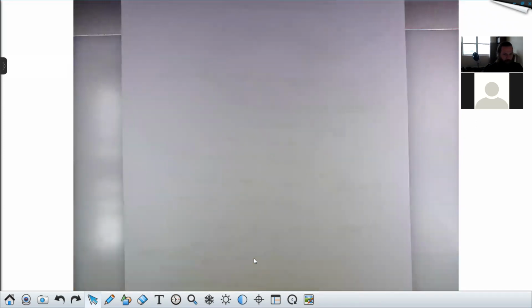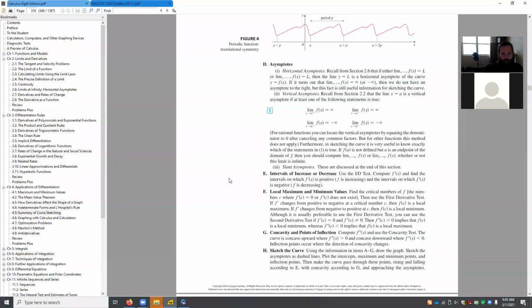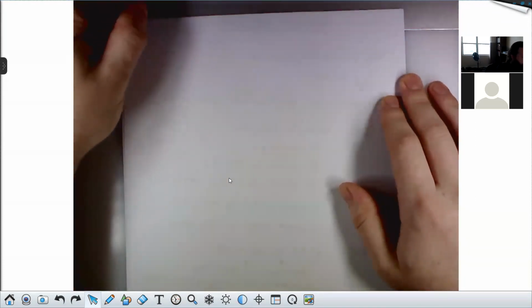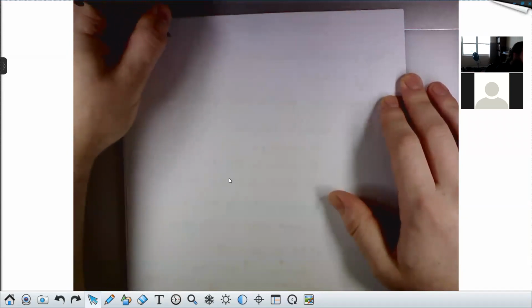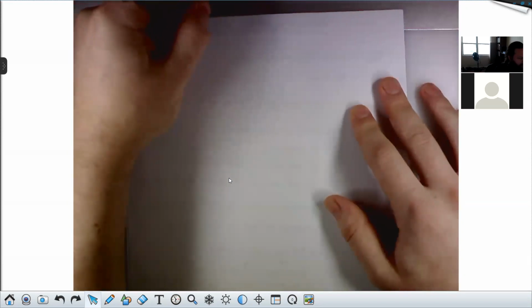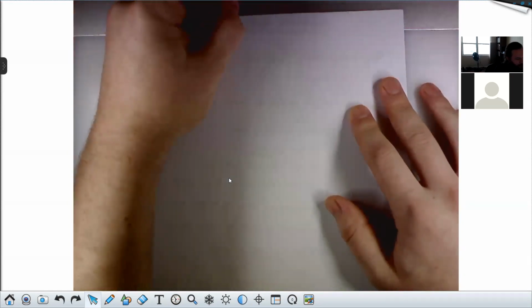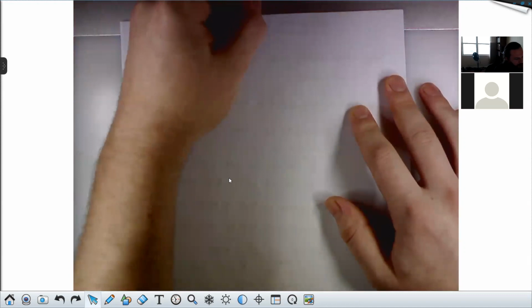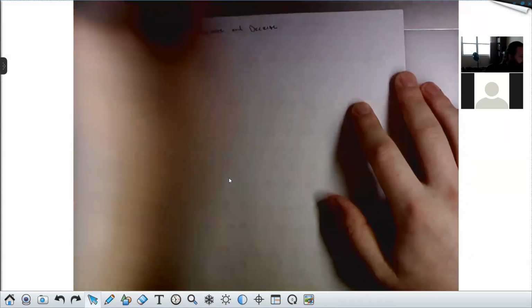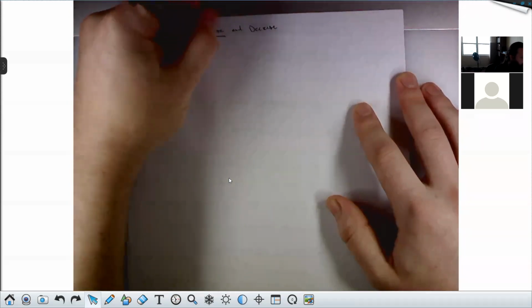Let's keep this in the order your textbook does it. Intervals of increase and decrease, local mins and maxes. What are we on? These are like, where is f prime positive?